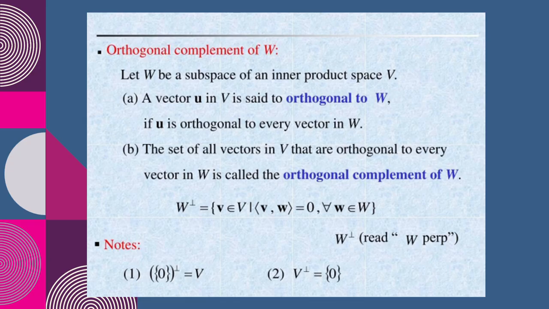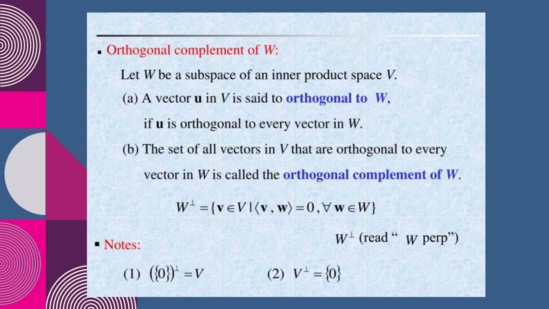So we have here, if W is a subspace of an inner product space V, we say a vector u is orthogonal to W if u is orthogonal to every single vector inside W. The set of all such vectors, every vector in V that is orthogonal to all of W, is called the orthogonal complement of W, written as W with a small perpendicular symbol and read as W perp.